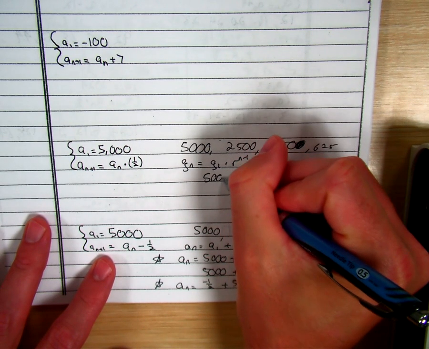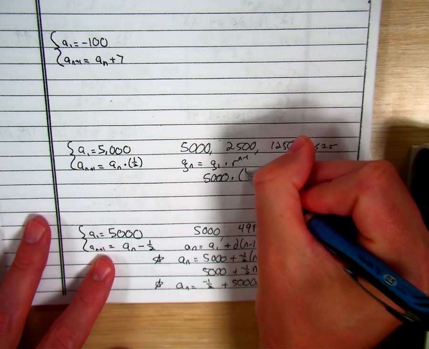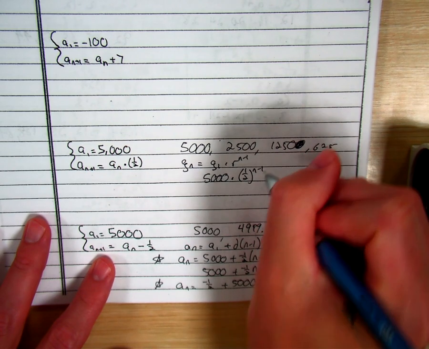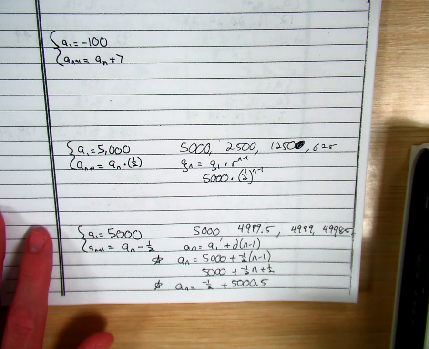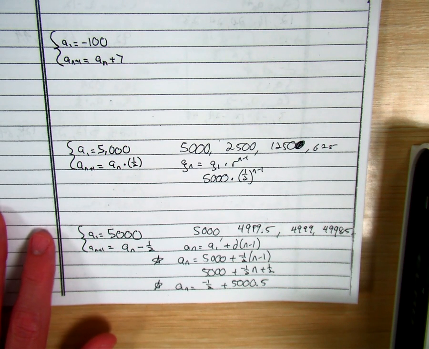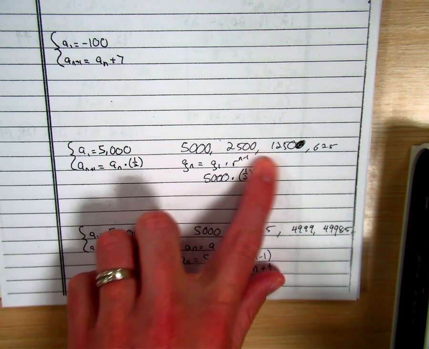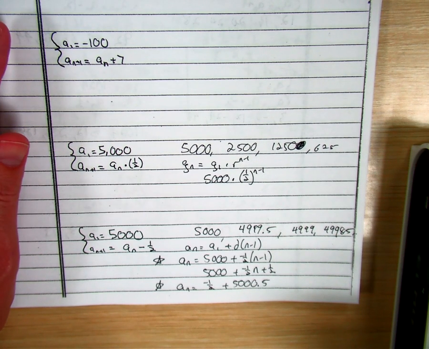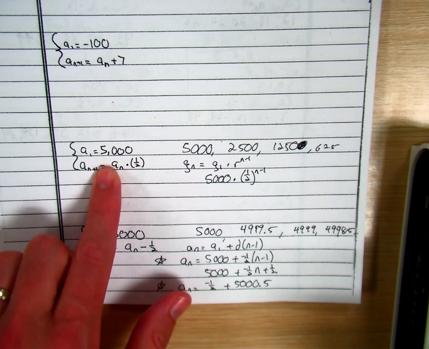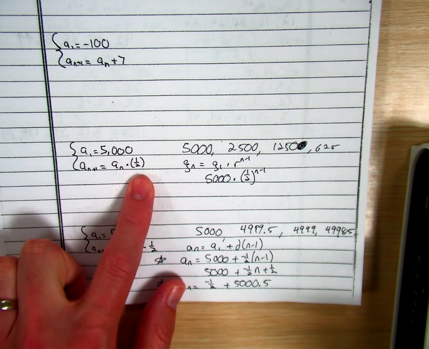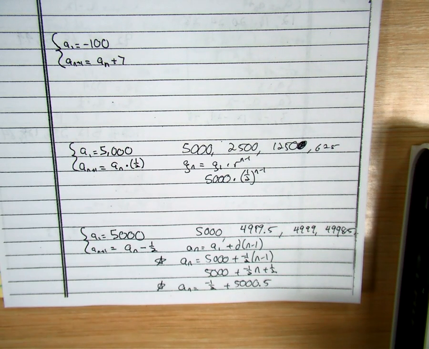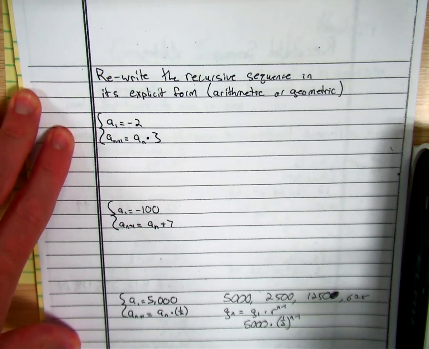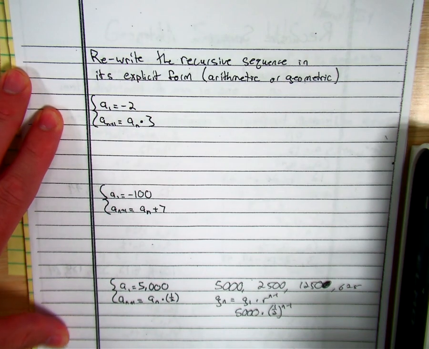That's 5,000 times 1/2 to the n minus 1. Again, you don't have to list out those first several terms, but I think it's helpful. You might be able to look at it and say, that's my G1, that's my r. But let's have you go up here, push pause, and try the top two.